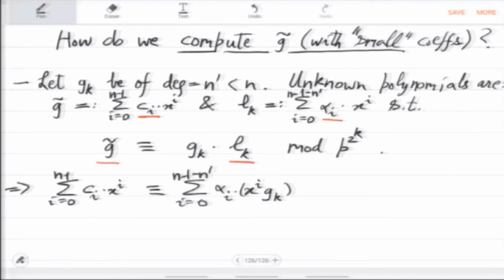Right, so this is what it is, but I want to remove the modulus. For some reason I want to make it exact. So then I have to introduce multiples of prime power. So let's do that. So p raised to 2 raised to k x raised to I. Okay, so let's call this equation 2.